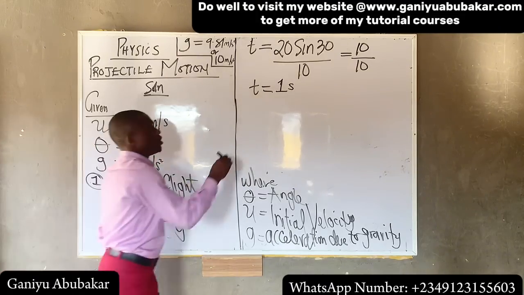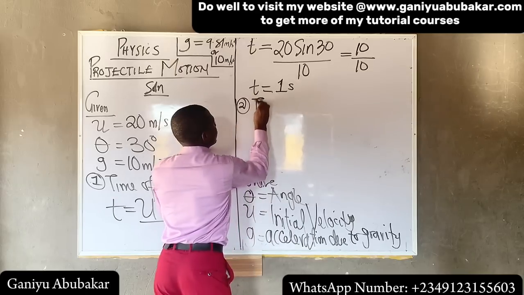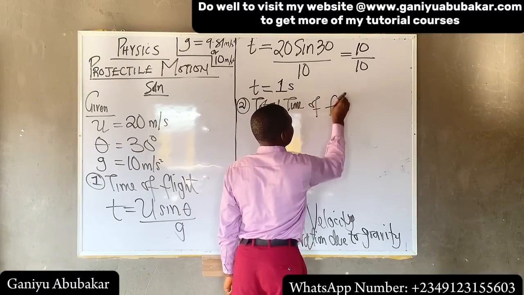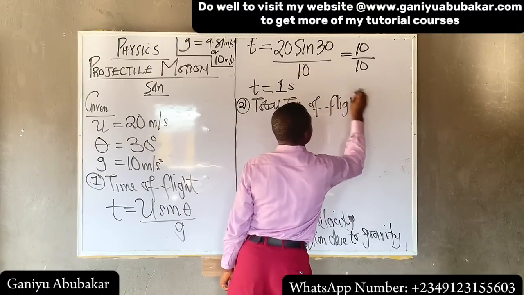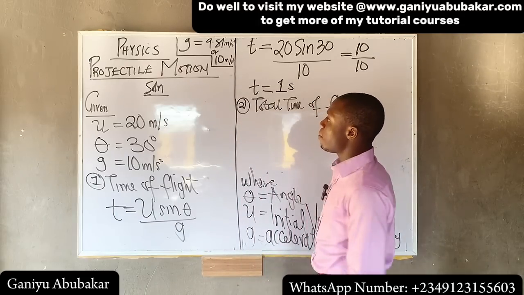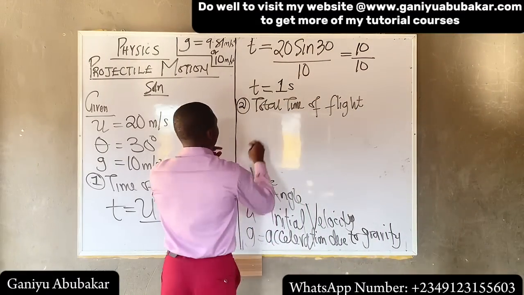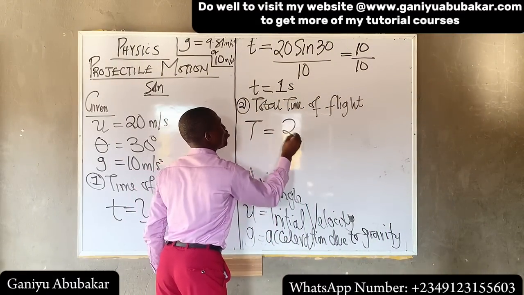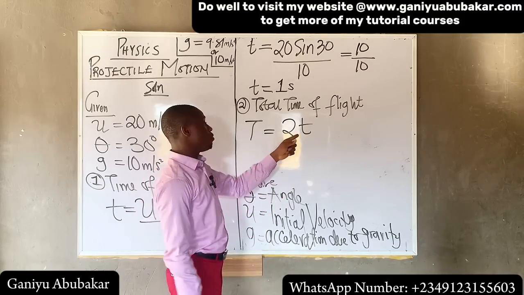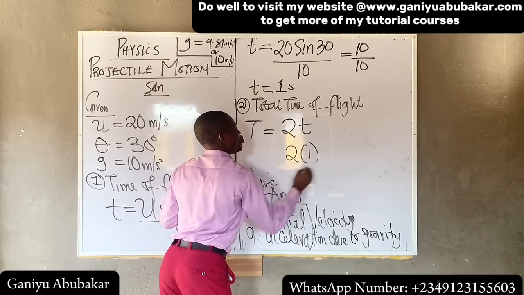Number 2 question: find the total time of flight. Capital T equals 2 of what? 2 times small t. I know small t as 1 already, so I can just say 2 into 1.